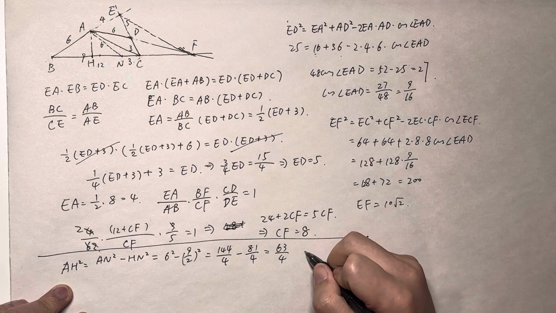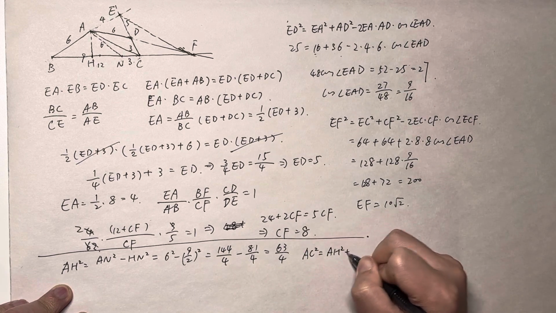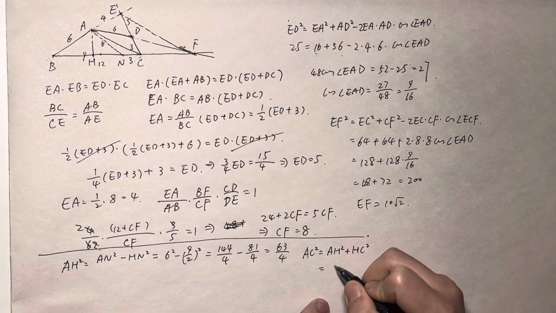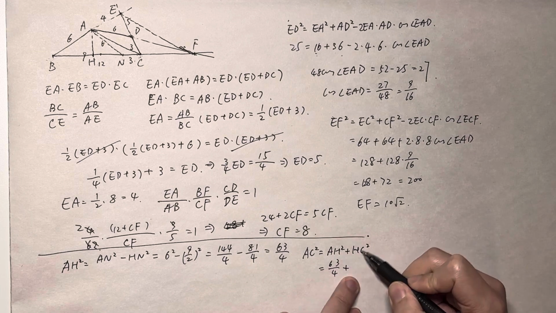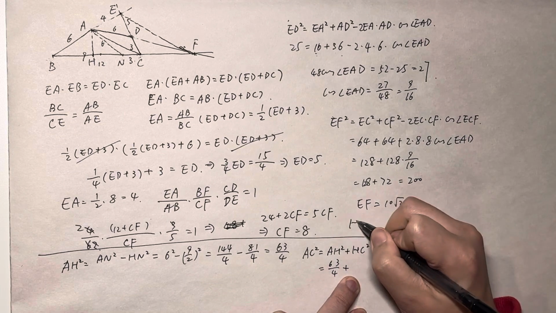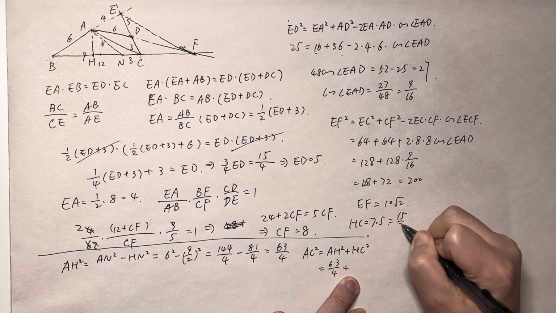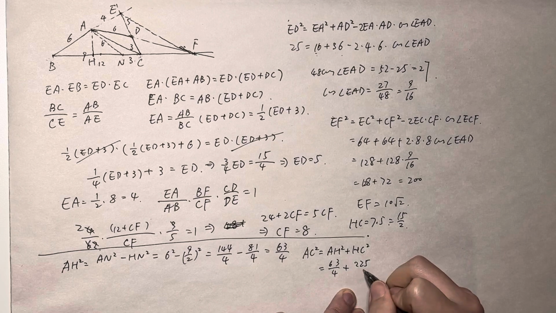Then we can calculate AC squared equals AH squared plus HC squared, which equals 63 by 4 plus HC squared. We said HC equals 7.5, that's 15 by 2, and the square of it is 225 by 4.